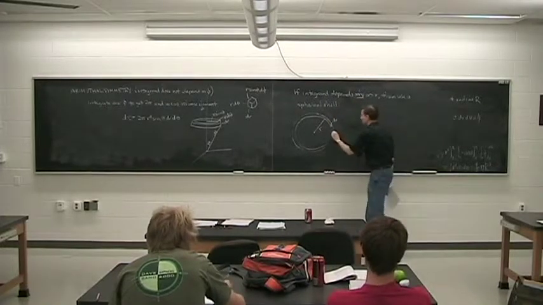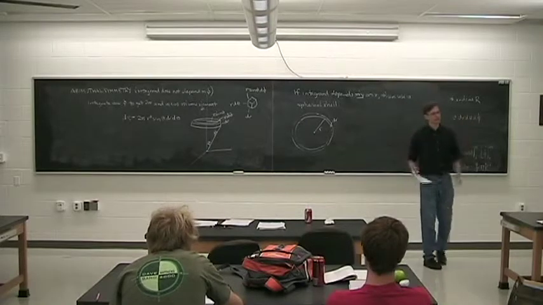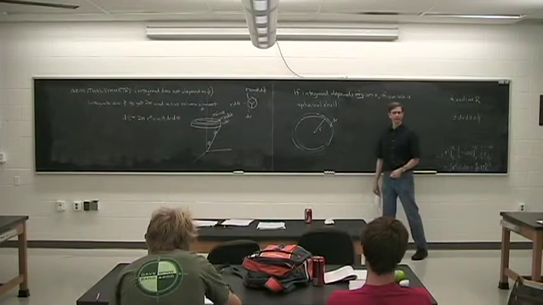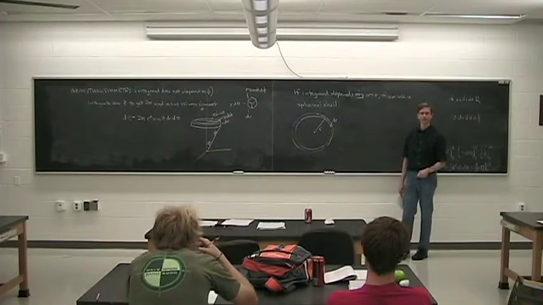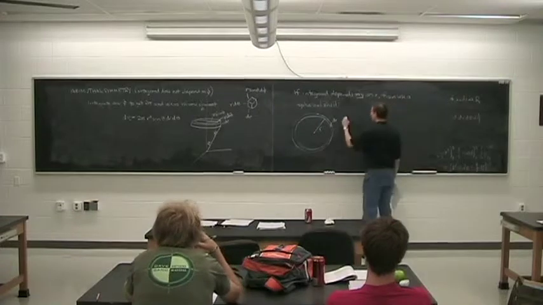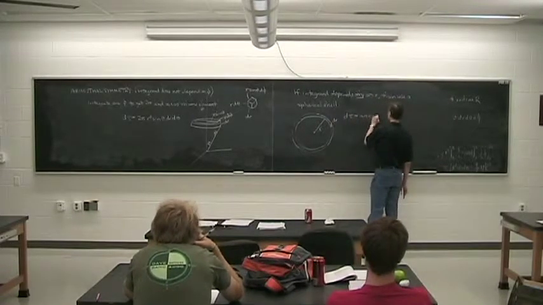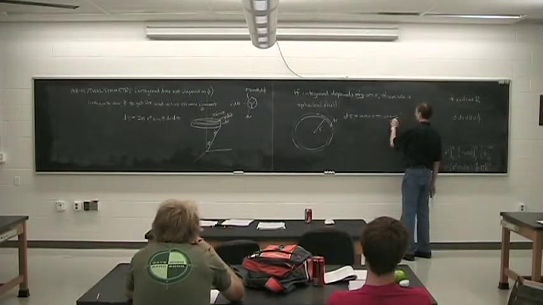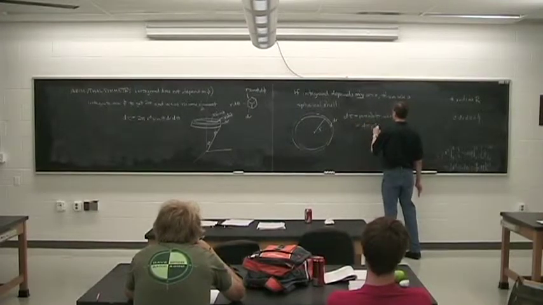The volume of this spherical shell, in the limit as the thickness goes to 0, will be its surface area times its thickness. That's an approximation, but as the thickness goes to 0, the approximation becomes exact. So d tau is equal to area times thickness, or in other words, 4 pi r squared dr.